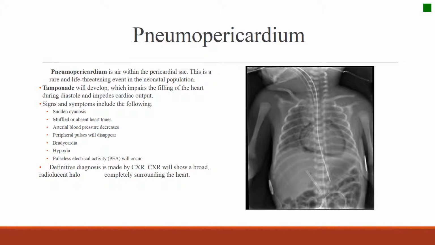The arterial blood pressure will decrease. Peripheral pulses will disappear. The heart rate will drop, and they could go into pulseless electrical activity. Definitive diagnosis is made with a chest x-ray, and it will show a broad radiolucent halo completely surrounding the heart. And if you look to the picture on your right, that is a perfect example of it.